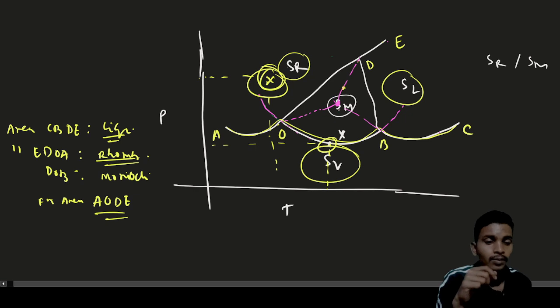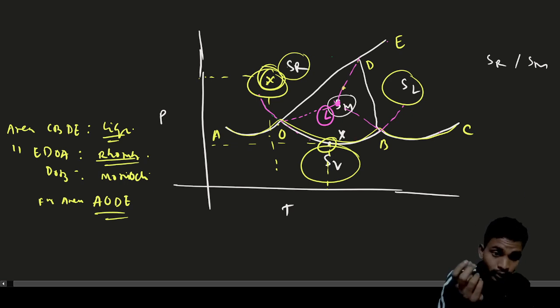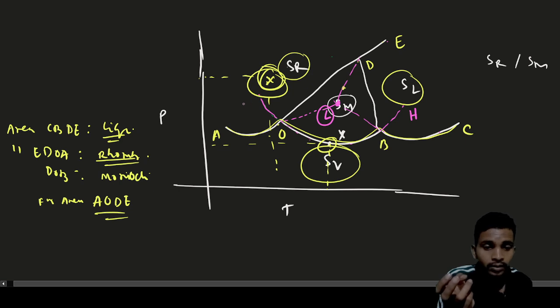So this is another point, let's say L. This is a triple point, but this is a metastable triple point. And when I extend this OB curve, this extends to BH, and let's say OT.